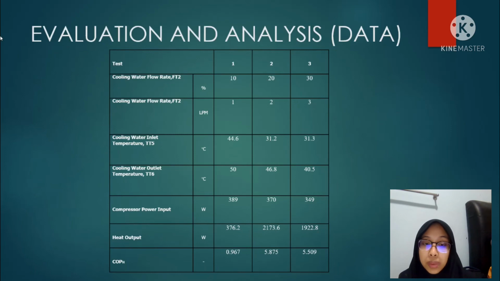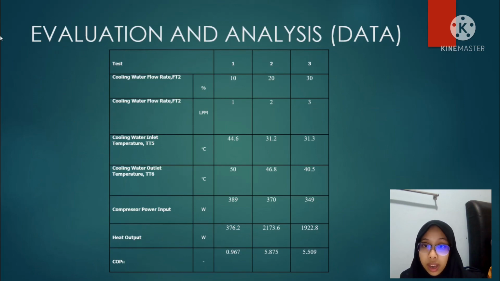Compressor power input for test 1 is 389 watt, for test 2 is 370 watt and for test 3 is 349 watt.